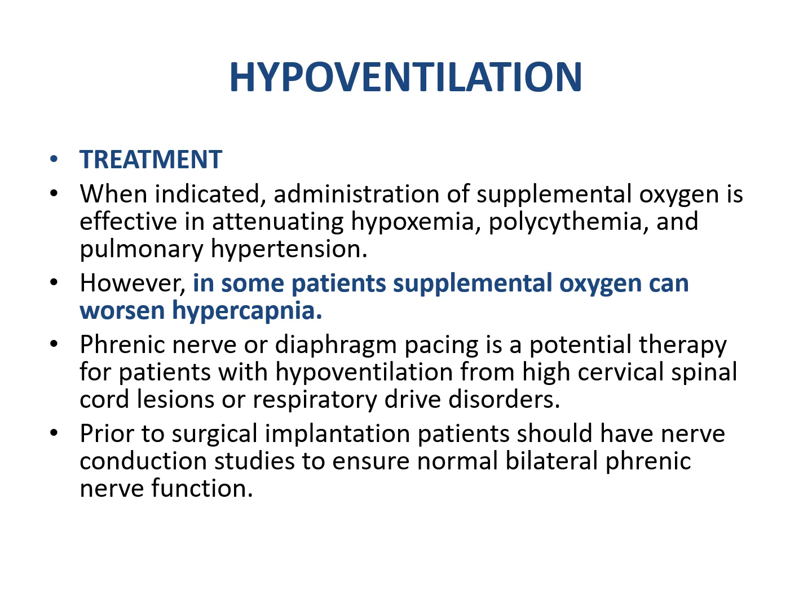Phrenic nerve or diaphragm pacing is a potential therapy for patients with hypoventilation from high cervical spinal cord lesions or respiratory drive disorders. Prior to surgical implantation, patients should have nerve conduction studies to ensure normal bilateral phrenic nerve function.